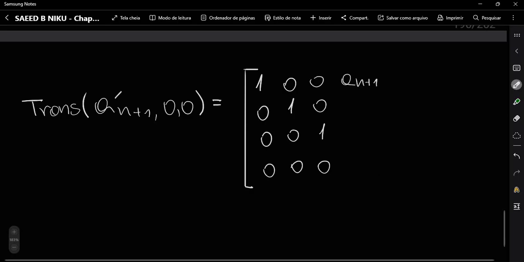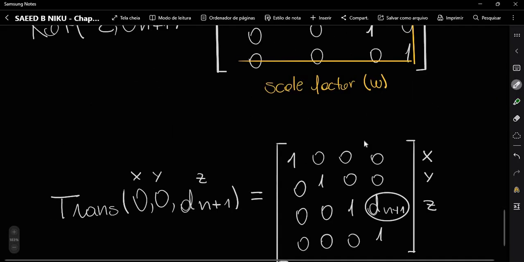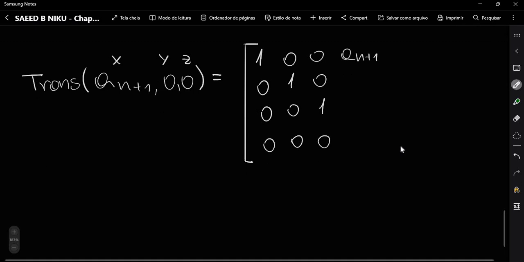And now it is right here on the x-axis. Right here was on the z-axis, and now the translation is on the x-axis. Very easy, huh?